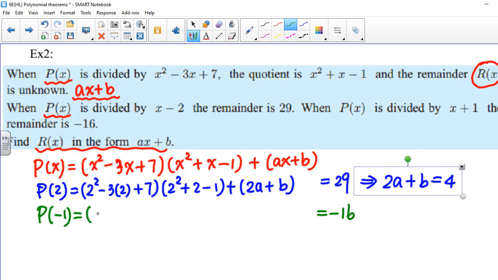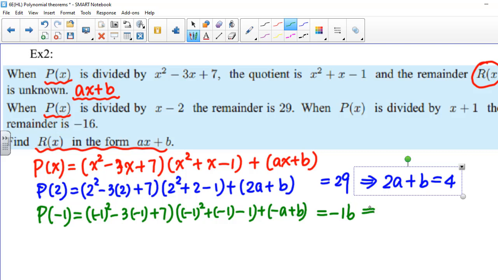So we should have negative 1 squared minus 3 times negative 1 plus 7 times negative 1 squared plus negative 1 minus 1, plus we should have negative a plus b. If we simplify this equation, we can get negative a plus b equals negative 5.